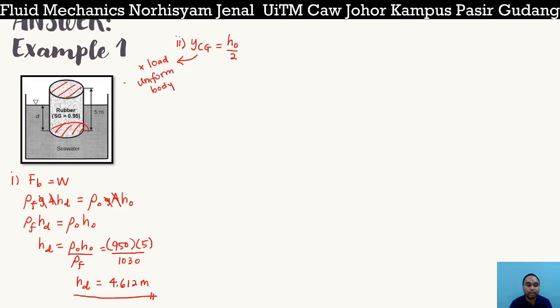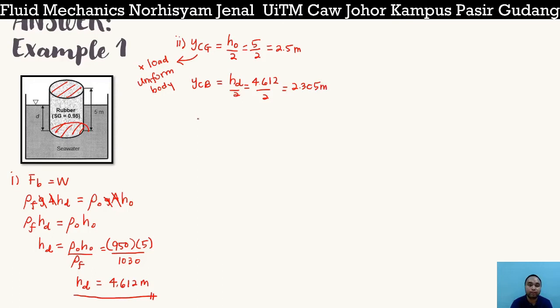So the surface area is the same, and we don't have any different load distribution from top to bottom. Okay, so it is just 5 divided by 2 equals to 2.5 meter. Alright, your YCB is equal to your HD divided by 2 equals to 4.612 divided by 2 equals to 2.305 meter.